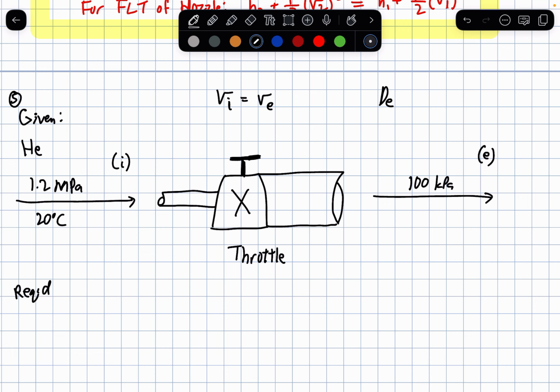Required: find the exit temperature, TE, of the helium and the ratio of the pipe diameters.